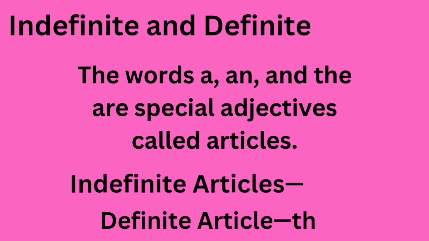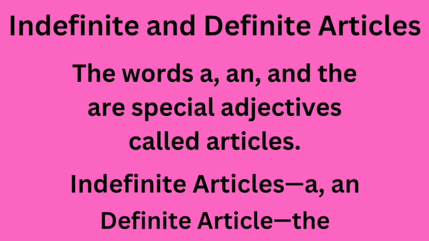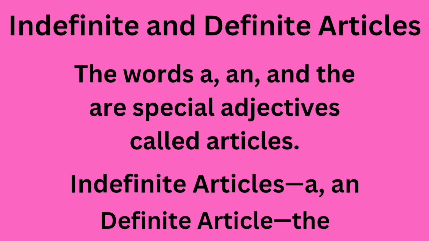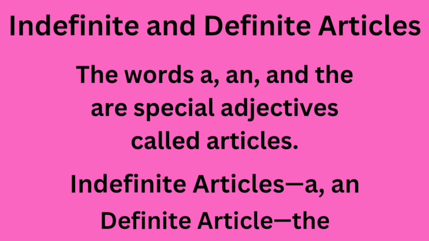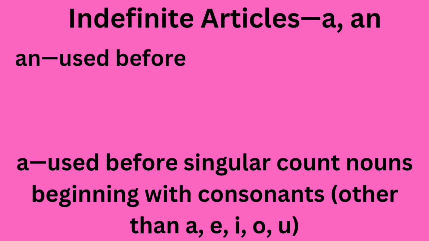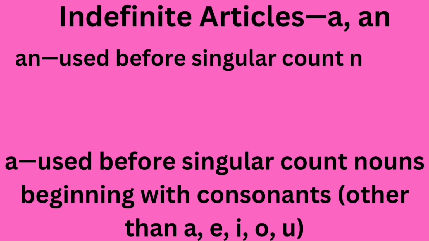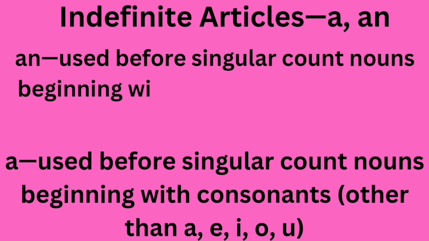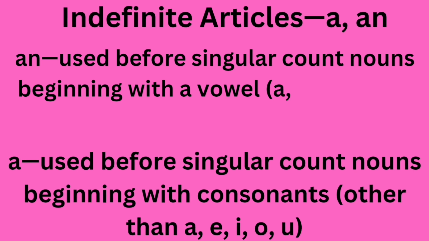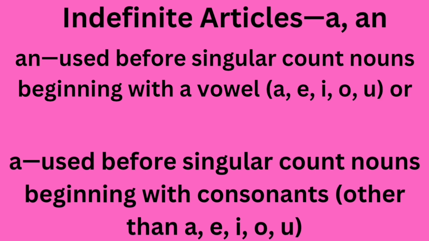Indefinite and definite articles. The words a, an, and the are special adjectives called articles. Indefinite articles a, an. Definite article the. Indefinite articles a, an: an is used before singular count nouns beginning with a vowel, a, e, i, o, u, or vowel sound.